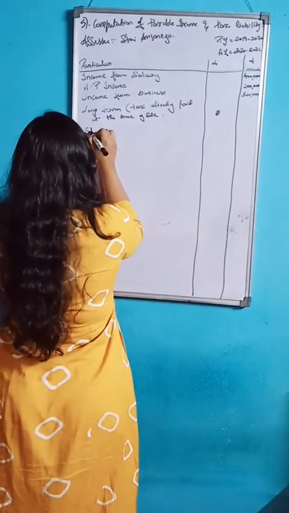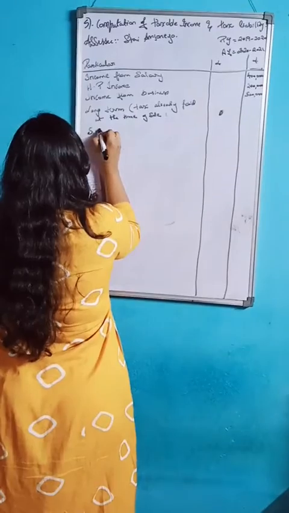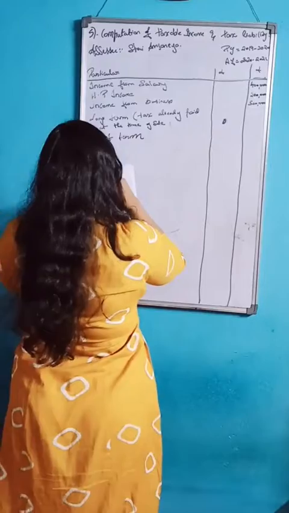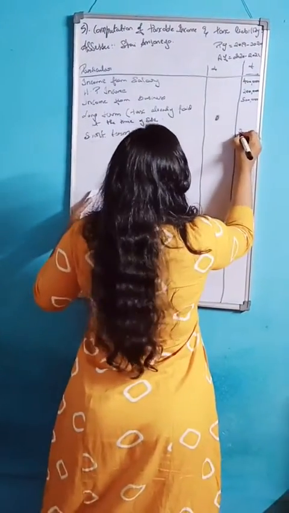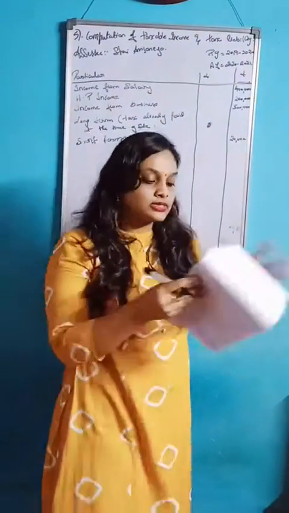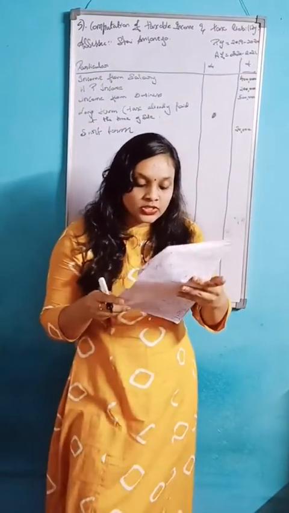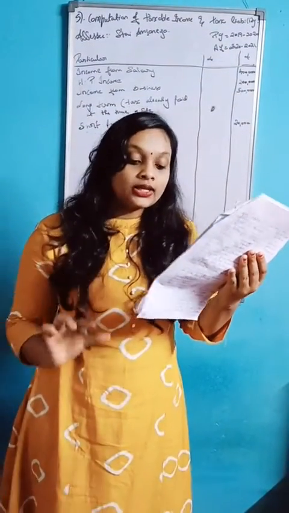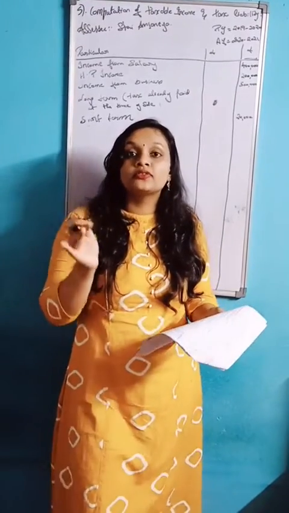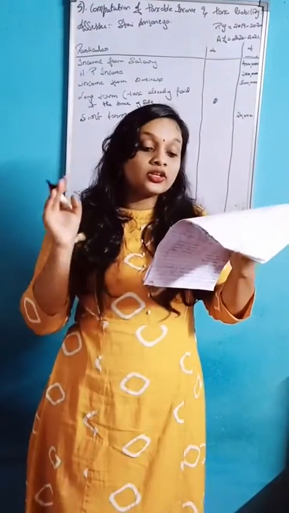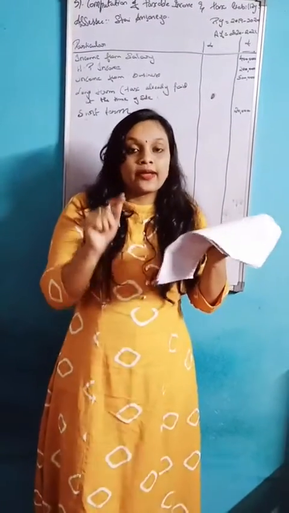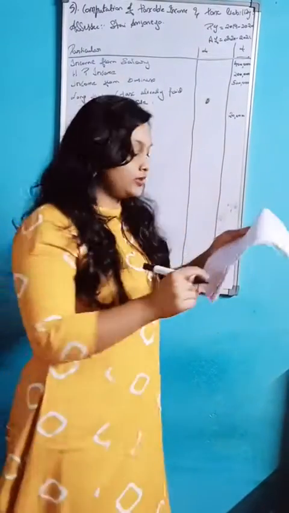Short term, that is 20,000. Next, in income from other sources, that is agricultural income in India. So it's exempted. If the question gives agricultural income from outside India, it's taxable, but because in the question they have mentioned India, it's exempted.